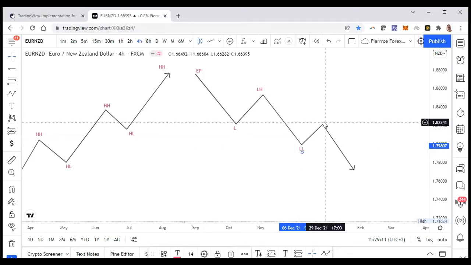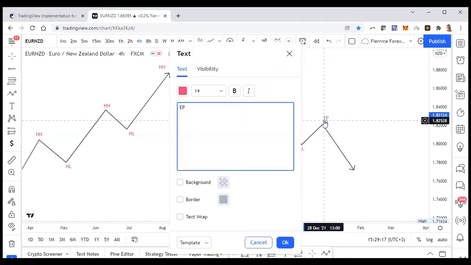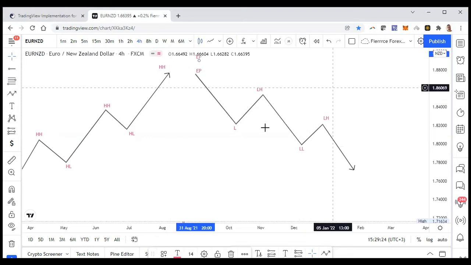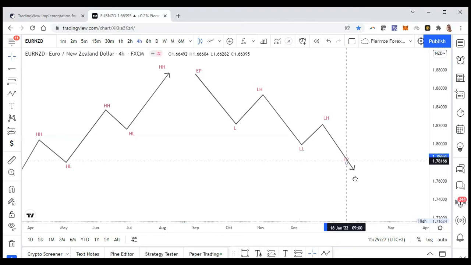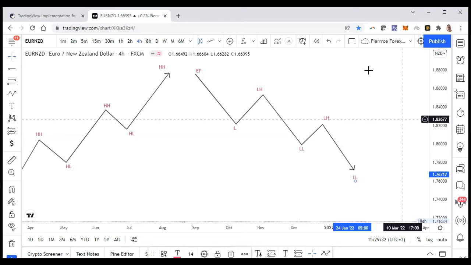So it formed another lower high here, okay, like that, and so on and so forth, and kept on just forming more lows, okay, here. So we find another lower low. So if it rejected off of this, we'd find it pushing up and so on and so forth.